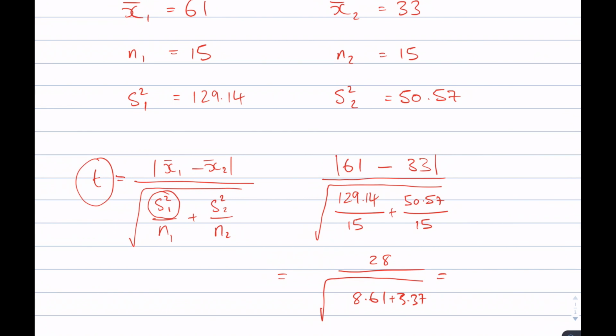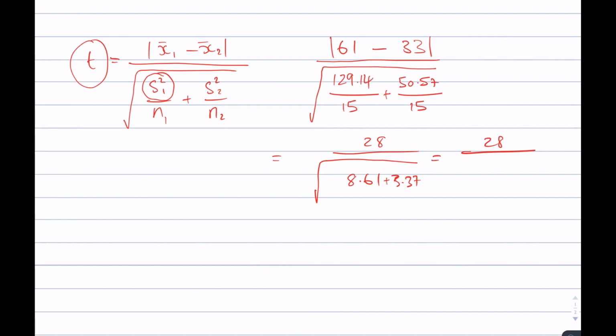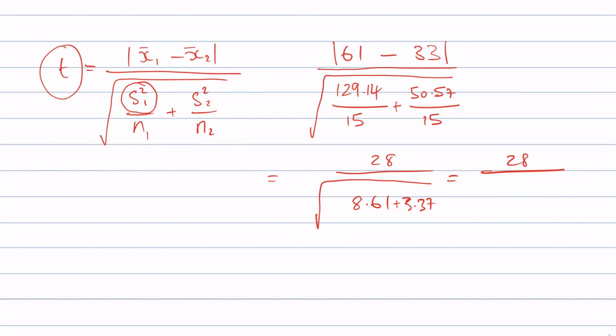And then I would work out the square root. So step by step, guys, step by step. 8.61 plus 3.37, okay, 11.98.